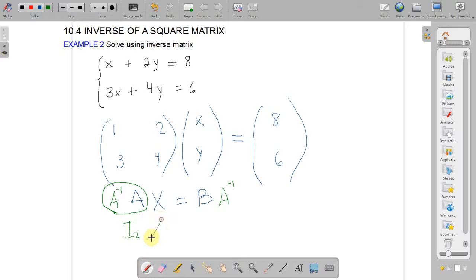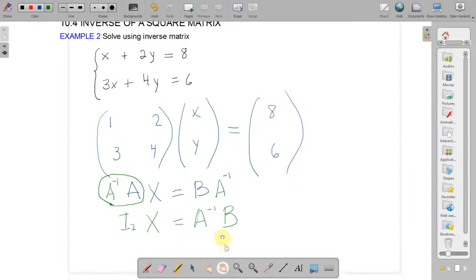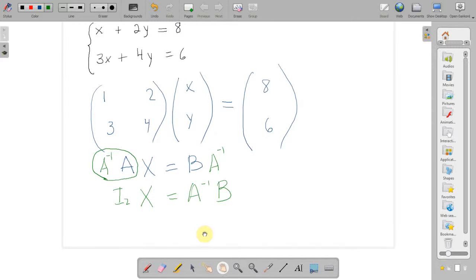So now I have I2 X equals A inverse B. Remember, I2 is the multiplicative identity. That means any number multiplied by I2, you're going to get back the same number. So this is equal to X. And now I have X equals the inverse times B.